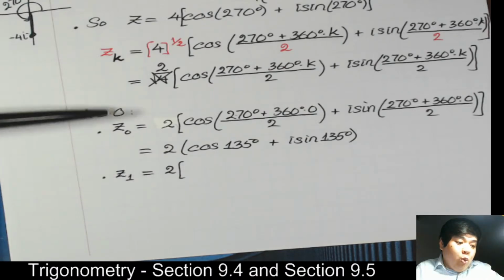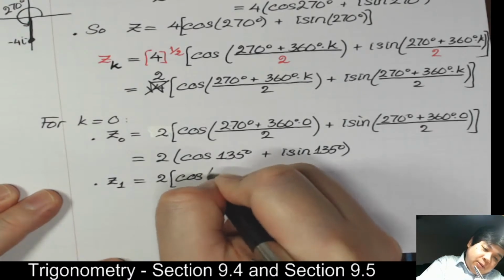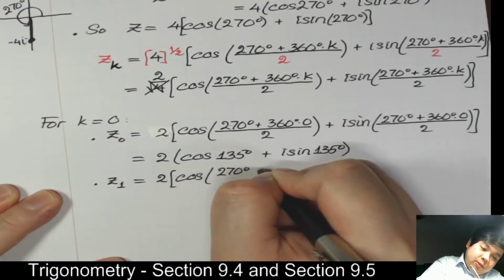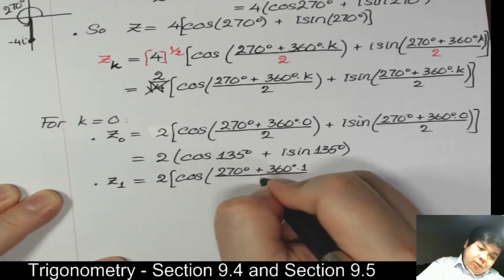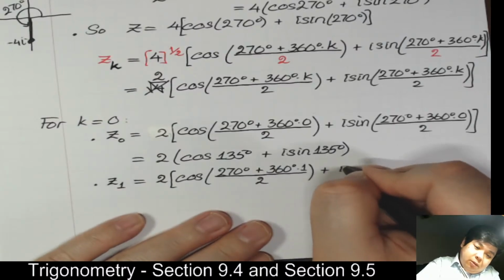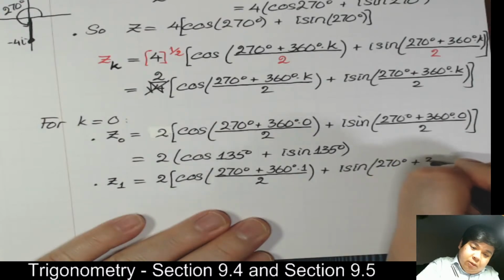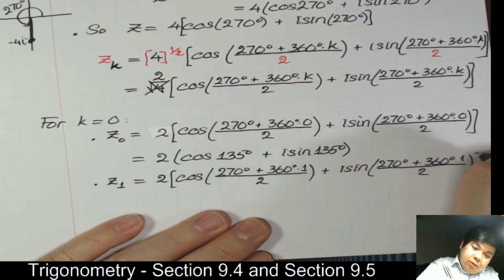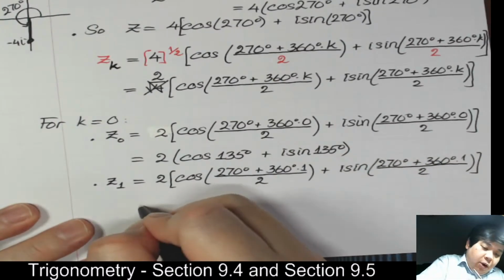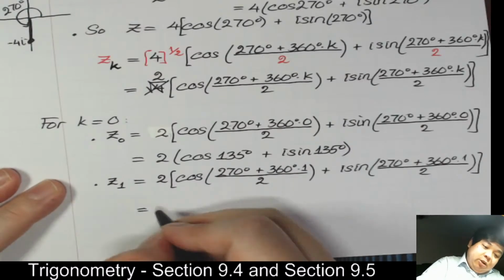And then next, we put 1 in for k. 270 plus 360 divided by 2 is 315 degrees.